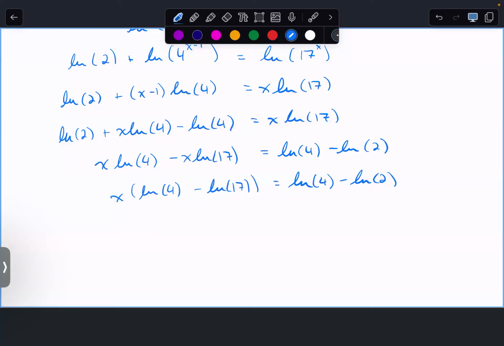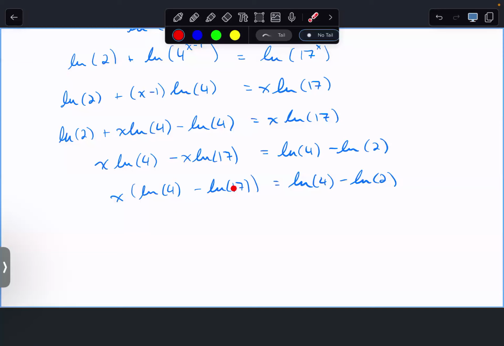Depending on what you prefer, you might notice the subtraction of the logs of the same base, which means we can simplify those, because that becomes division inside the log. So here I've got log base e of 4 minus log base e of 17. It's very important that they have the same base.